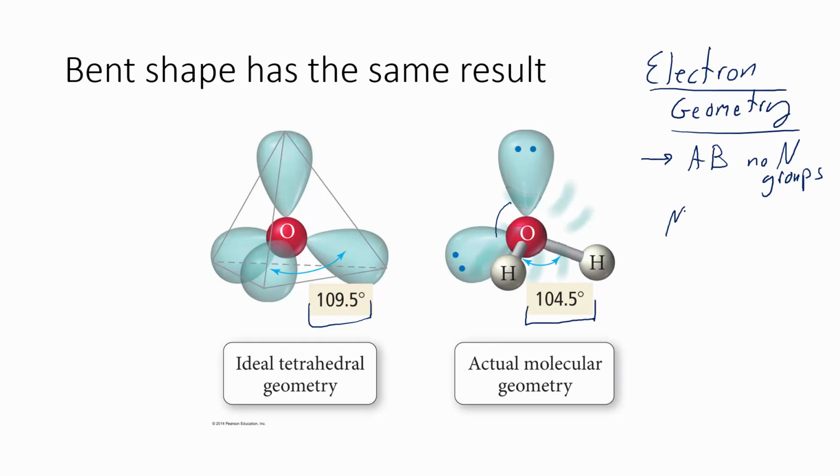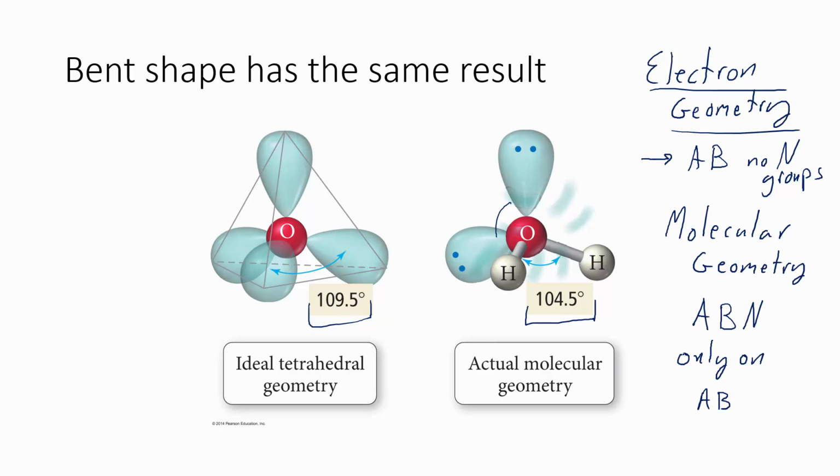So the molecular geometry is where we have A, B, and N, and we're going to give the name based only on the A's and B's.